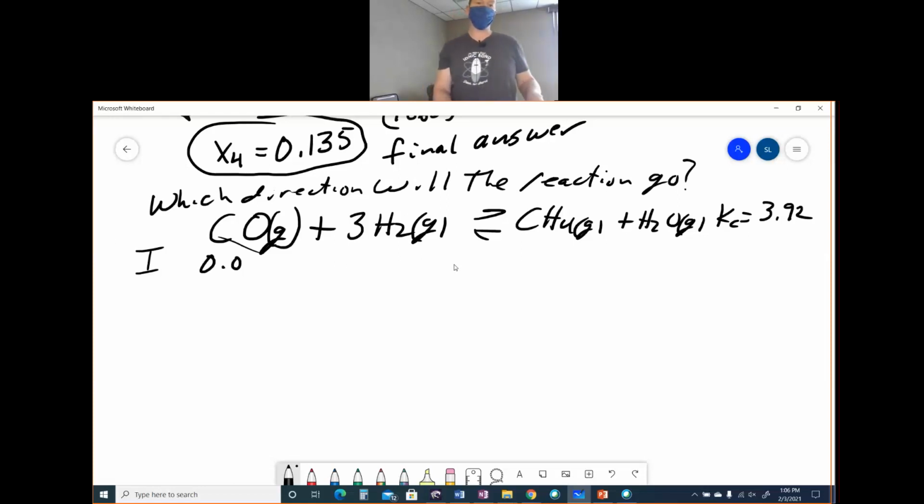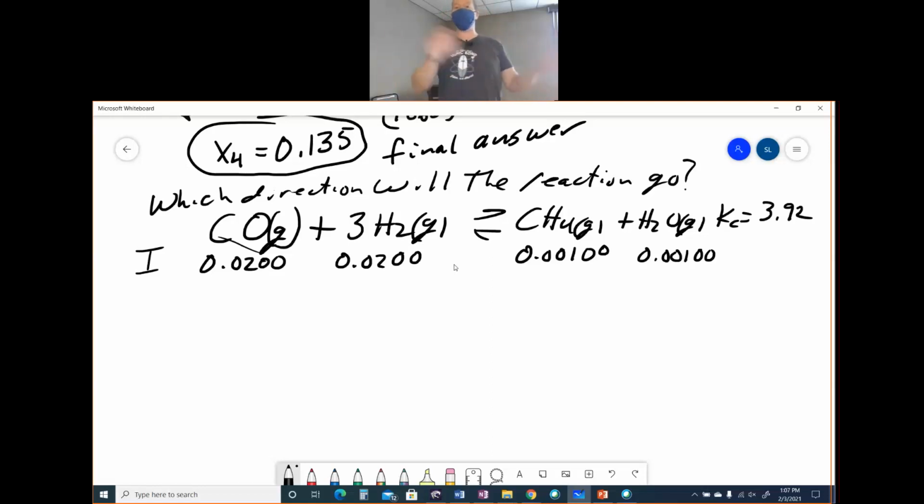This is 0.0200. This is 0.0200. This is 0.0010. And this is 0.00100. All right, so now we see that we don't have a zero. If we have a zero, we know exactly which way it goes. We can't have a zero. It would have to form a zero.